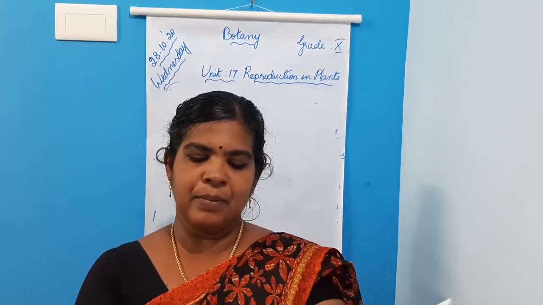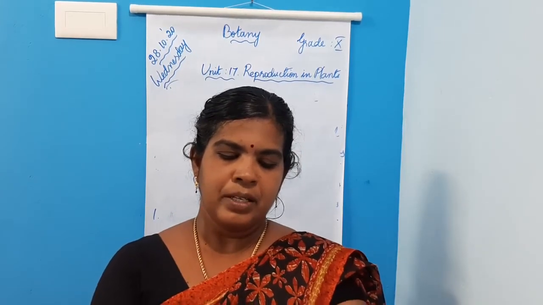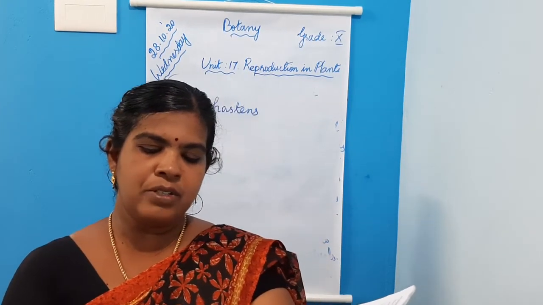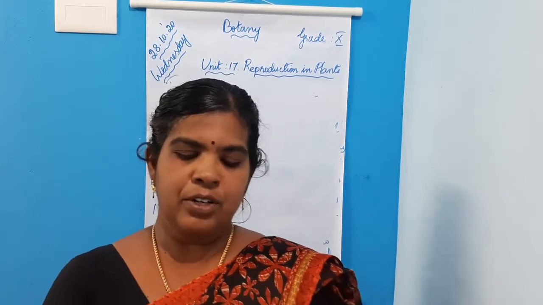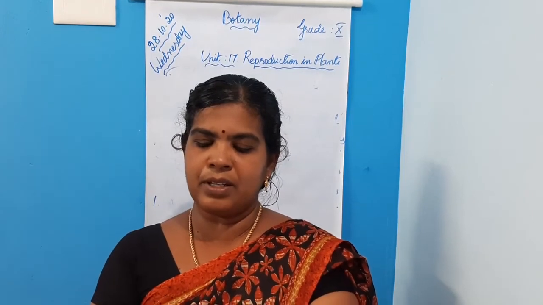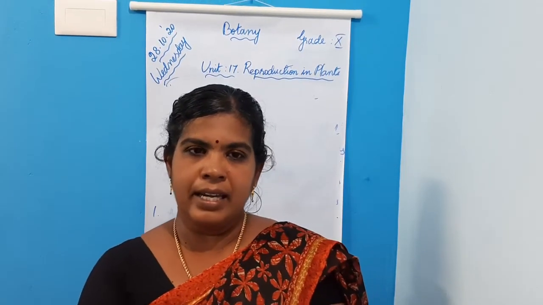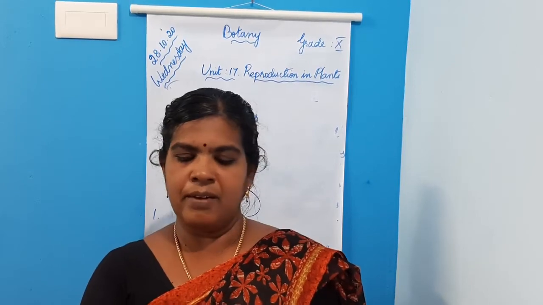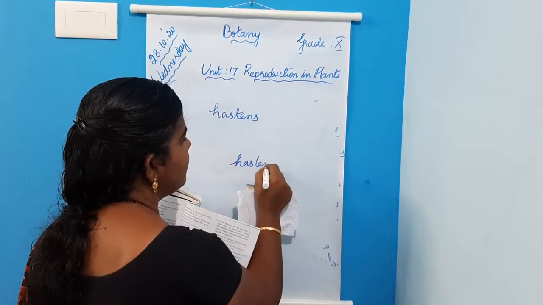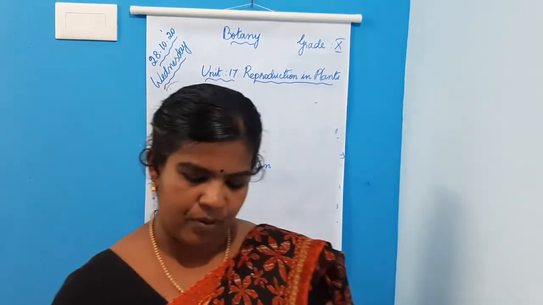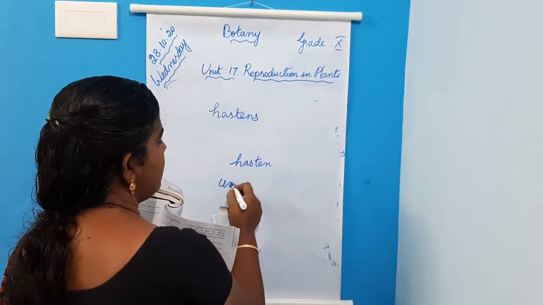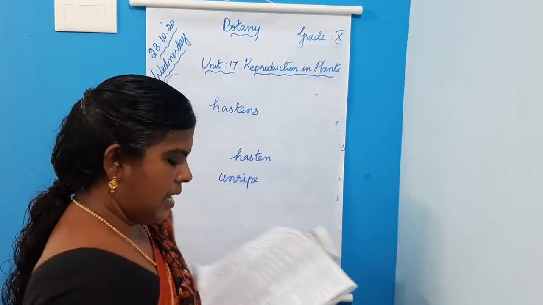Write down the answer: if rotten fruits get mixed with unripened fruits, then the ethylene produced from the rotten fruit will hasten the ripening of unripe fruits.